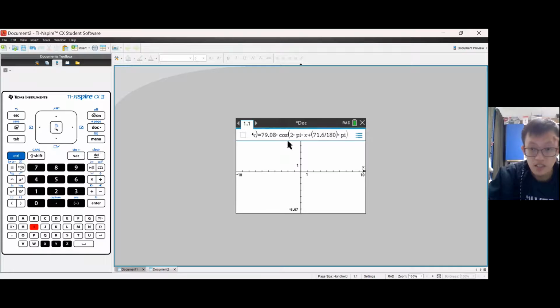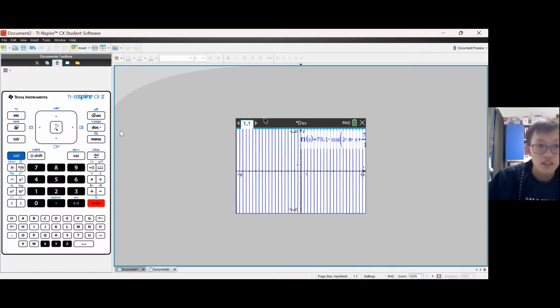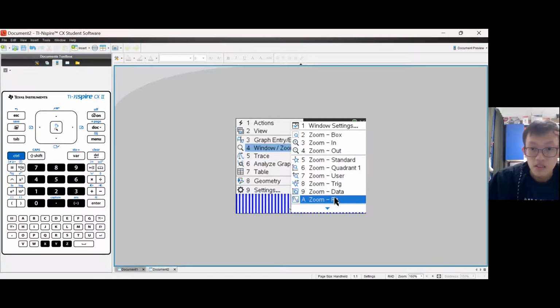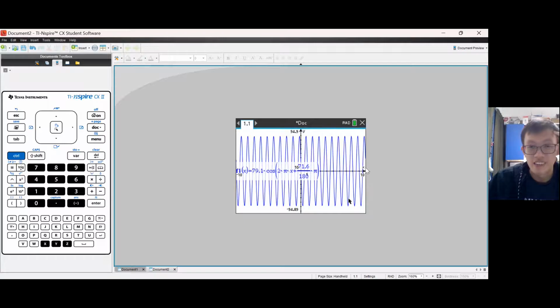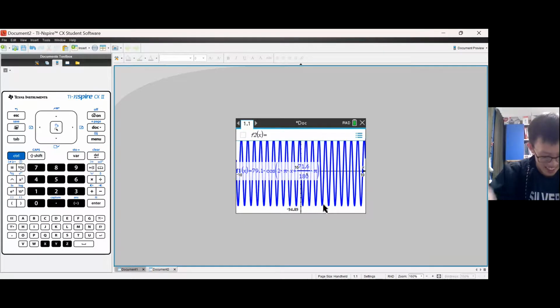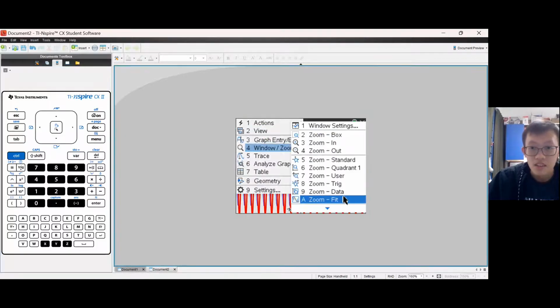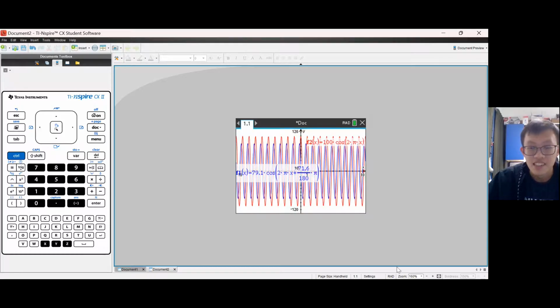Make sure everything is correct. Okay, I punch it in. Let me just zoom fit. Yeah, okay. So this is what I wanted. Okay. So let's do the second one. So Vs we have 100 cosine 2 pi is the radian frequency multiplied by x, which is time. And you multiply this in. Okay. Let me also zoom fit. Yes. Okay.